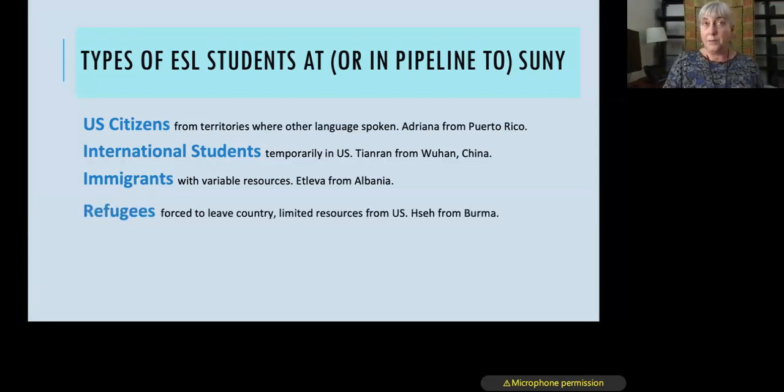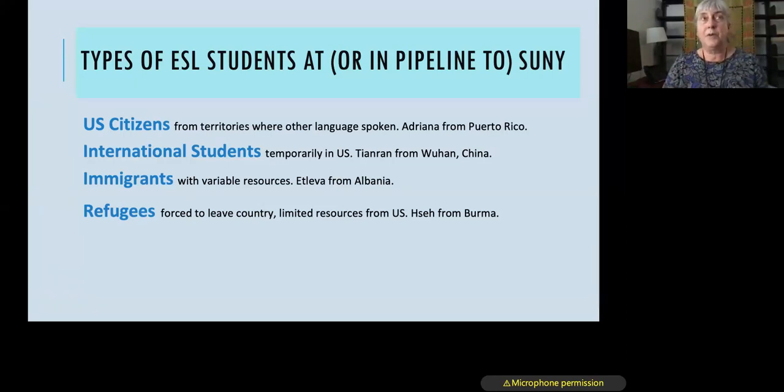As you probably know, the Capital Region is an area where there are several agencies that are resettling immigrants and refugees. So we're kind of a mecca here in the state. Then we have refugees who are forced to leave their country. They come with very few resources.